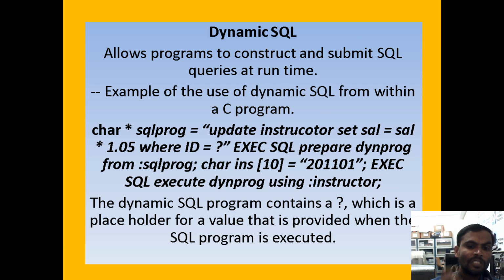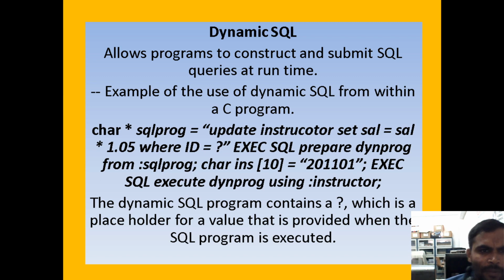Now, by using a Java application, how are we connecting to the database server? If you want to connect to the database server, first we should select the driver. If you are using Oracle software, then we go for the Oracle driver. If you are using a MySQL database server, then we can go for MySQL.